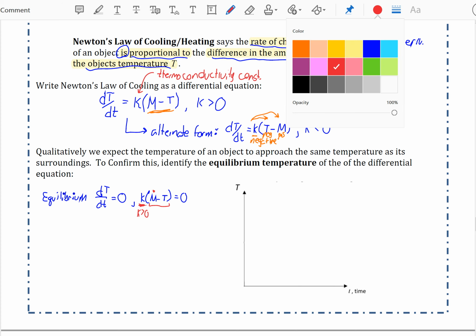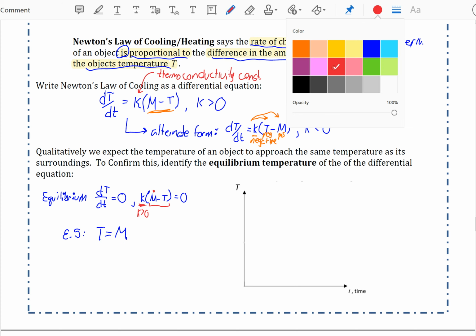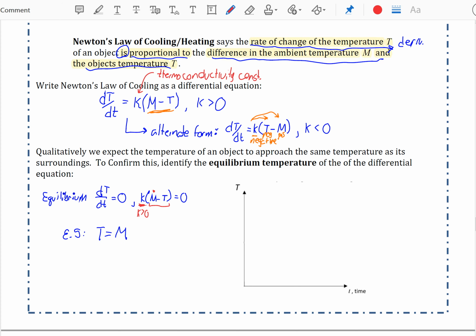So the only way that this is going to equal 0 is if the temperature of your object, T, equals M. If your pizza is the same as the room temperature, you imagine its temperature won't change over time. A pizza is not going to start to boil while sitting on the counter. So if you're imagining our equilibrium solution, T equals M would be about here on your graph.